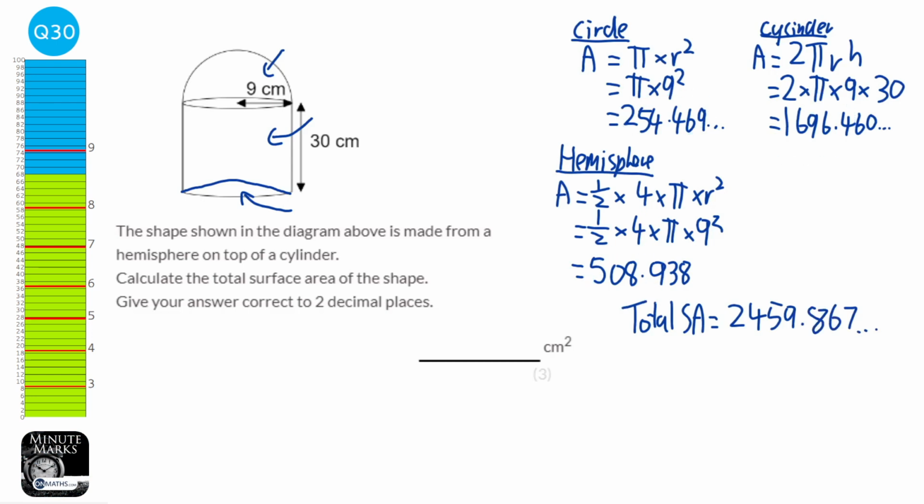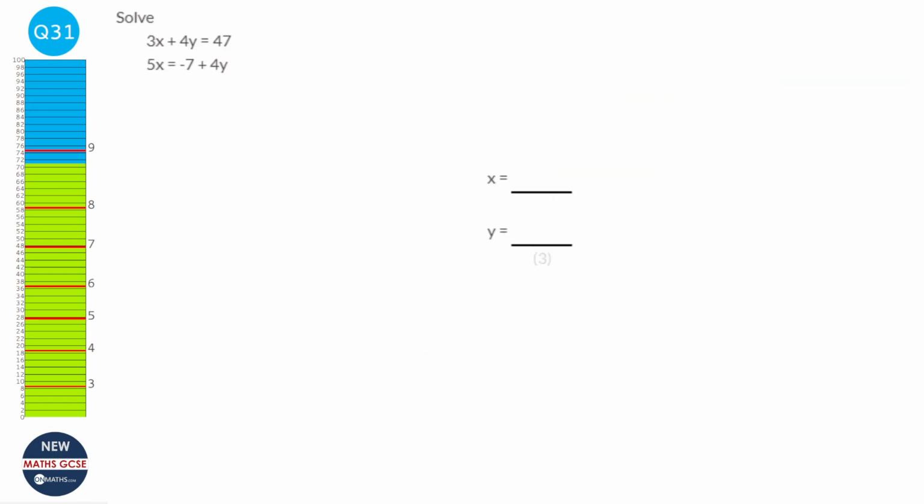I've not done that because it would waste a bit of time for a video, but make sure you write it down. It says it wants it to 2 decimal places, so that will be 2459.87 centimeters squared.